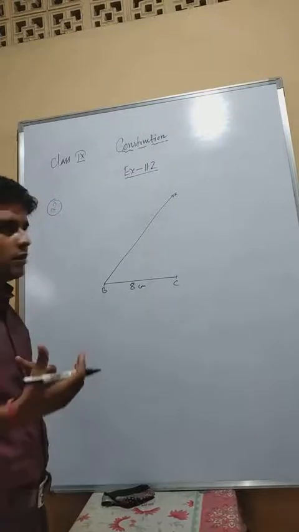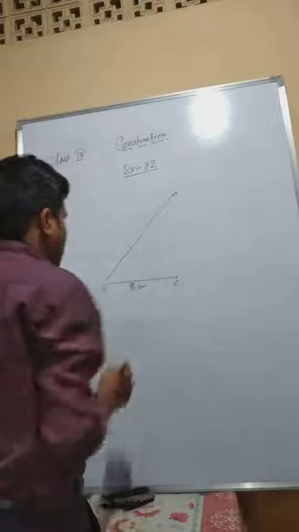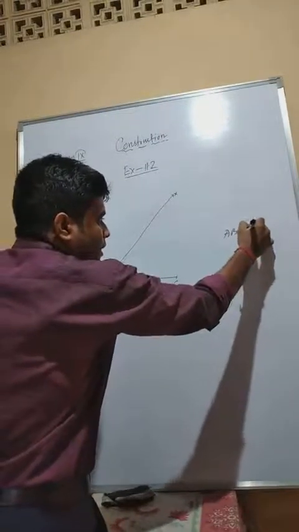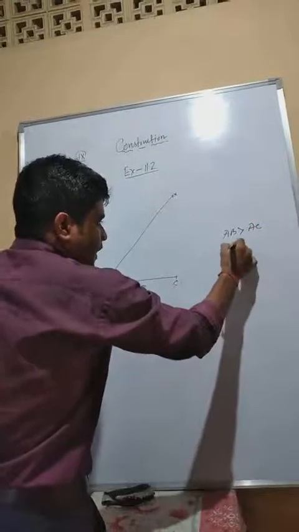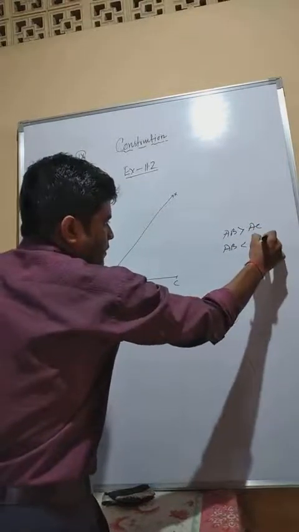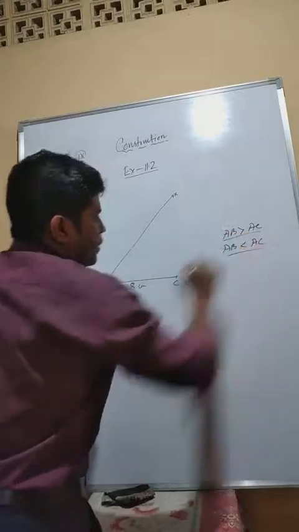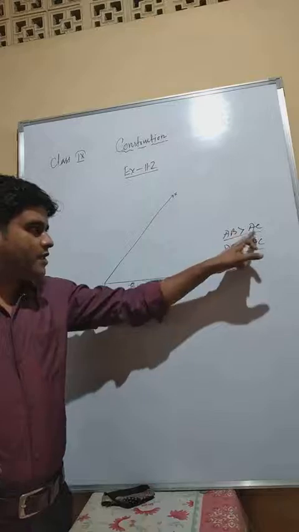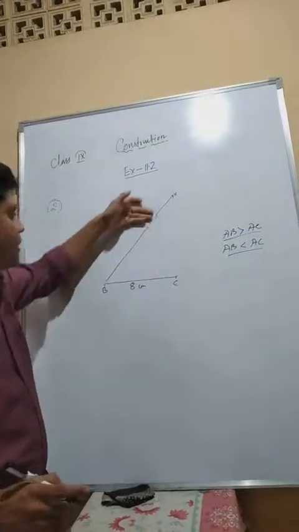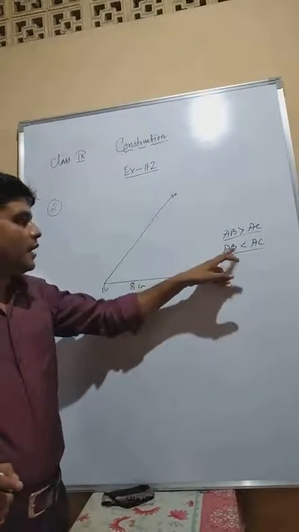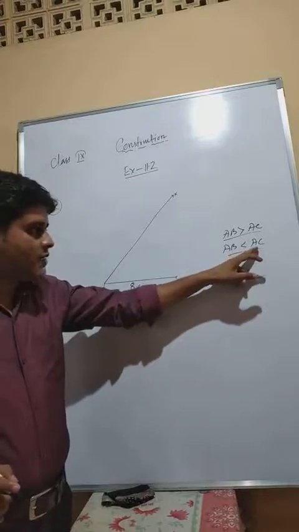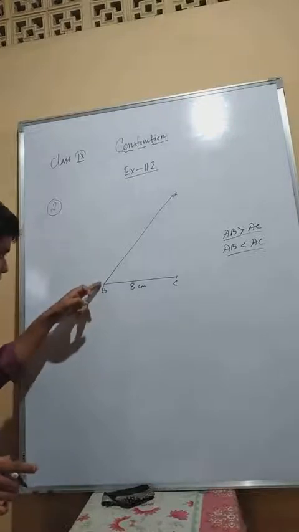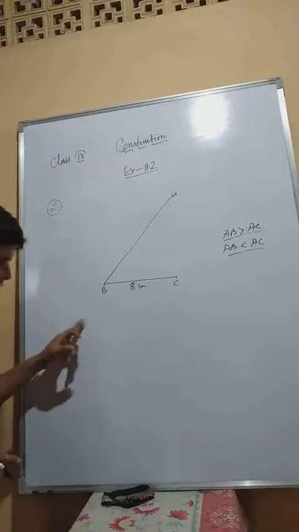I am telling you one important thing, that A point we will get here. Now if AB greater than AC, then one case; if AB less than AC, another case. These are the two cases. Now if AB minus AC is given, then you take D point on this side. If AB less than AC, that means AC minus AB is given, then you have to extend this ray that side also and take D point on that side.